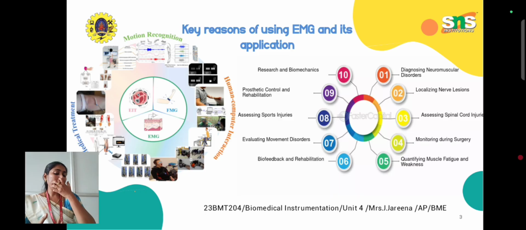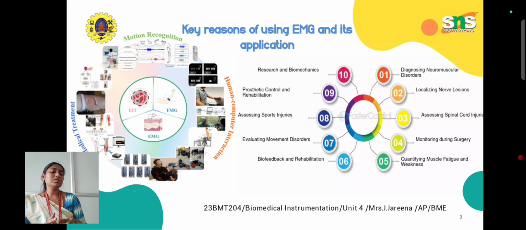We can also monitor or evaluate movement disorders with the help of the gait cycle, where again EMG has a role. As I said before, you can also assess sports injuries to train athletes. And then we have prosthetic control and rehabilitation applications, where again EMG is widely used.